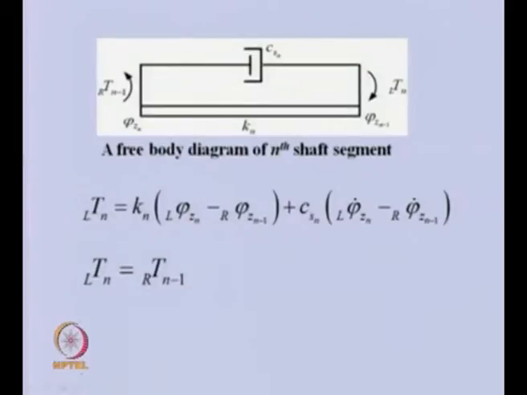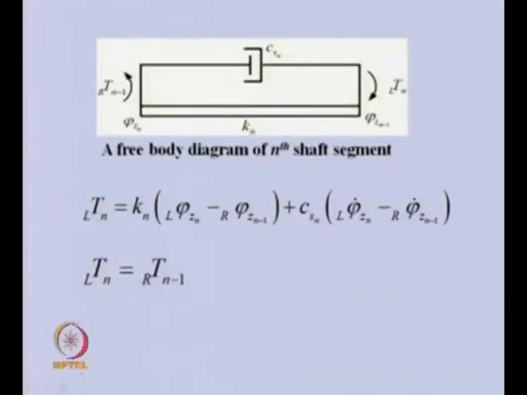Now, coming to the shaft element. We developed a point matrix of a disk in which we considered the damping also. Now, we will come to the development of the shaft element, the shaft field matrix. In that also we will be considering the damping.